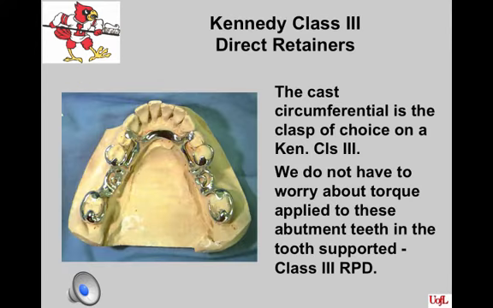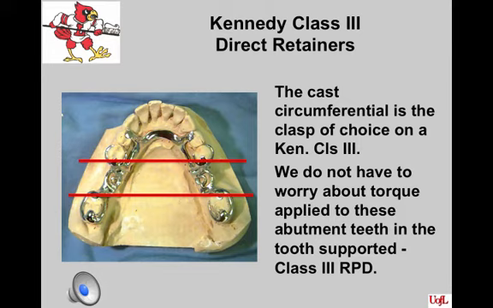The Kennedy Class 3 has 2 fulcrum lines. The first one is through the 2 anterior abutments, and the second one is through the 2 posterior abutments. The partial denture could, depending on the forces on the prosthetic teeth, try to lift up and rotate around that anterior fulcrum, or it could try to lift up against that posterior fulcrum.